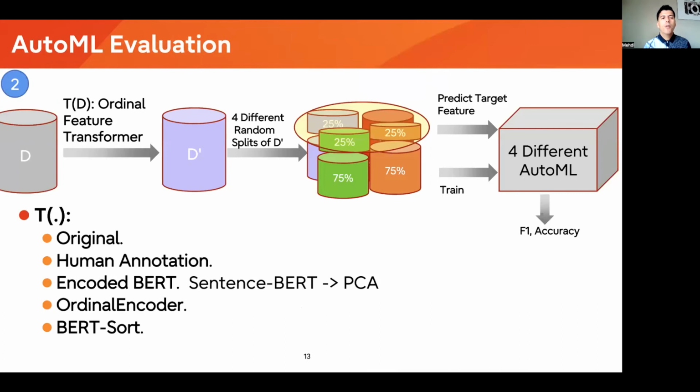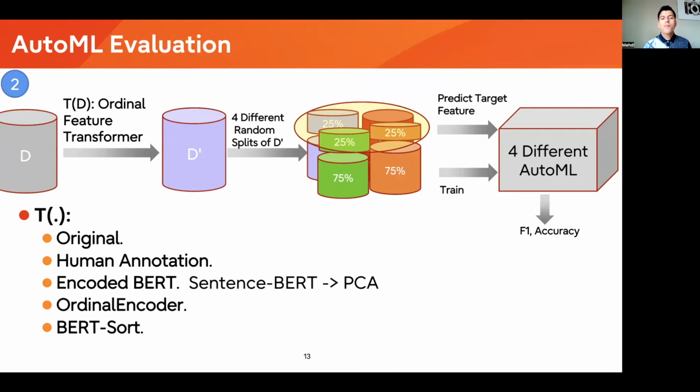For AutoML evaluation, we use 5 different transformations. One is the original, then a human annotation, encoded BERT, then we use sentence BERT and reduce the number of dimensions to 1 using PCA, the ordinal encoder, and finally BERT-Sort.